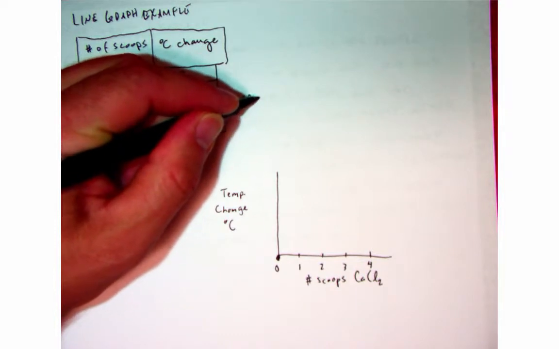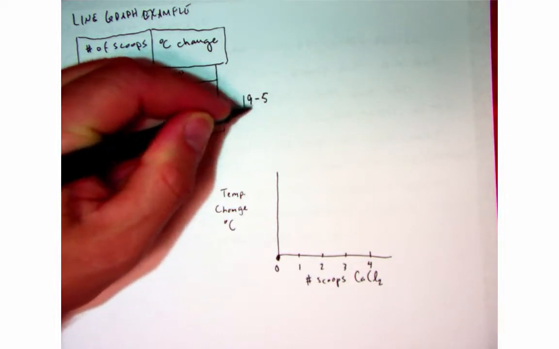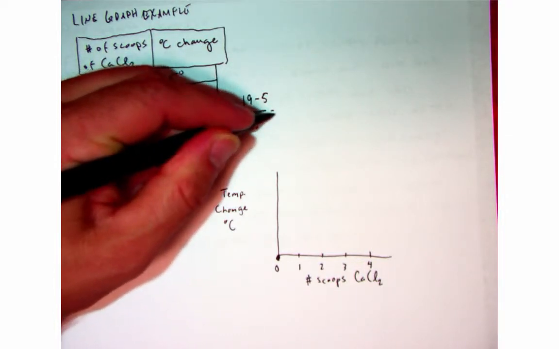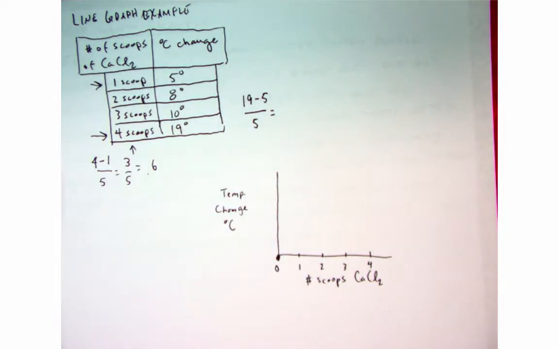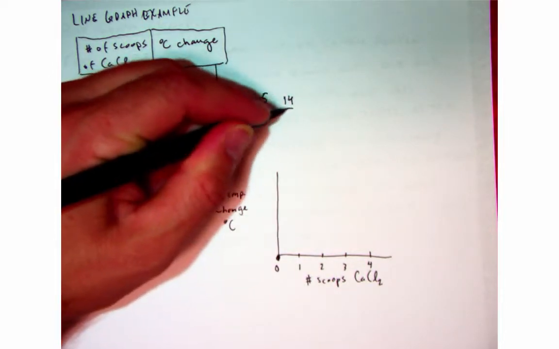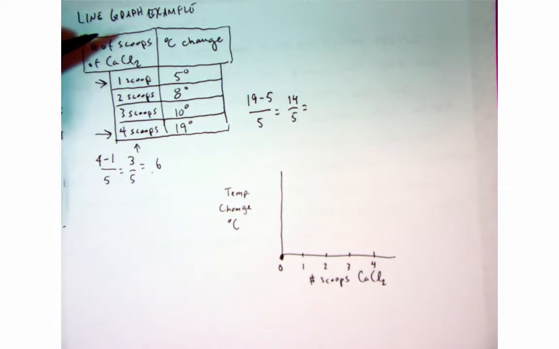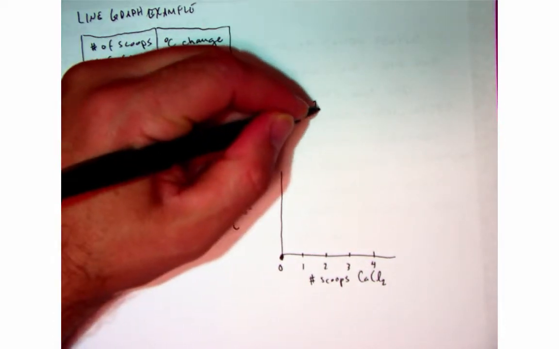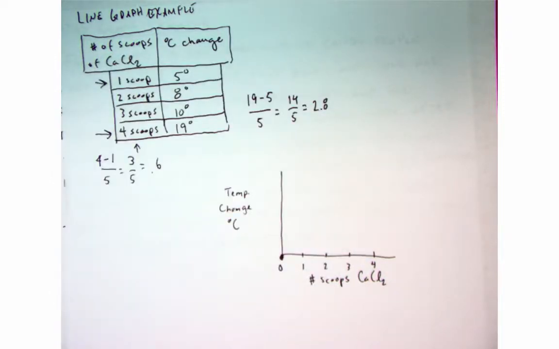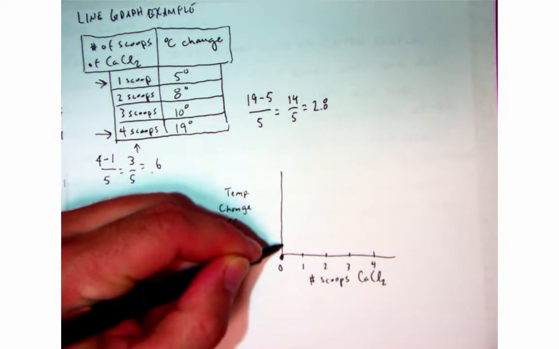So 19, that's my high value, minus my low value, which is 5, and I'll divide that by 5. 19 minus 5 is 14, divided by 5, and that's going to be 2.8. Again, I'm not going to go up by 2.8s, but I could go up by 3s. That seems like it might make sense. So I'll go up by 3s until I go over 19.